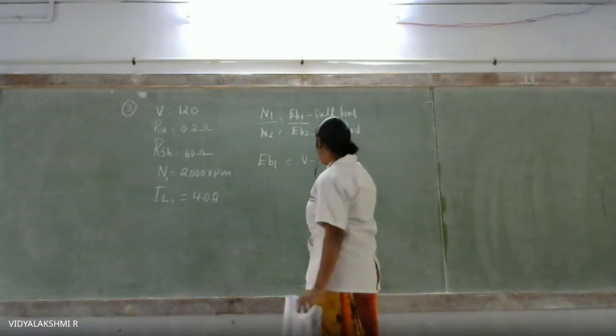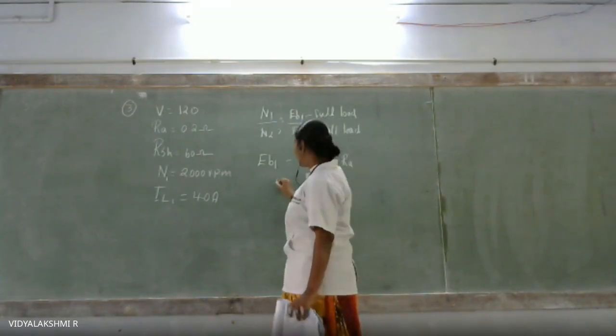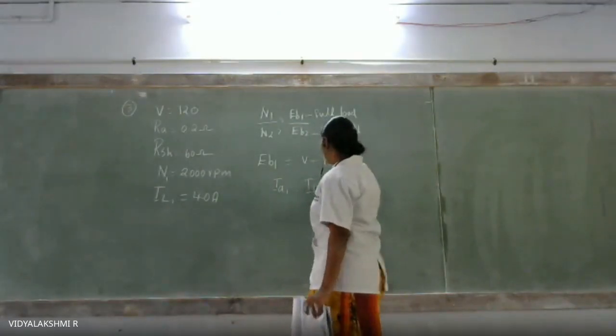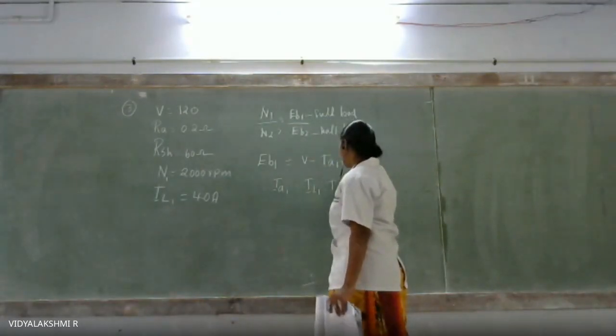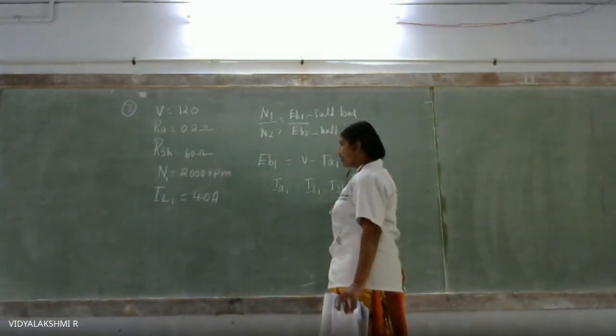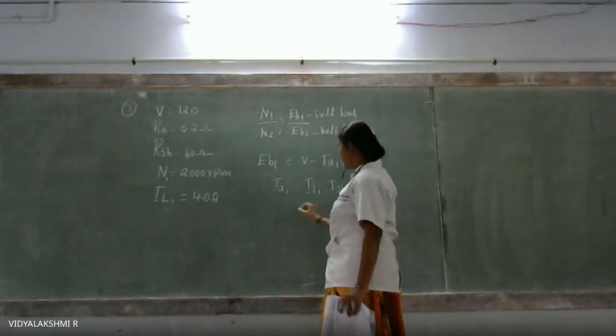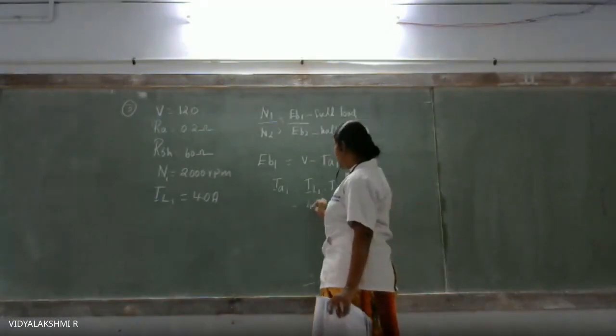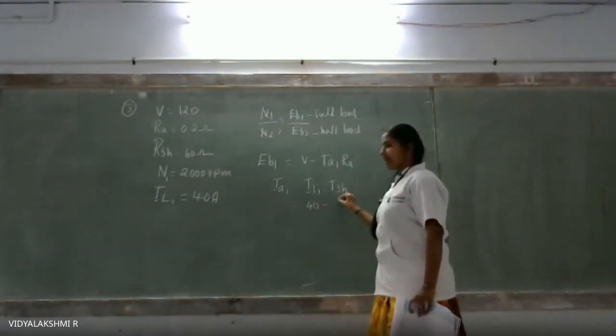Now I'm going to find out the IA value. We know that IA1 is equal to IL1 minus ISH. ISH won't vary, only IL varies. They have given IL1 is equal to 40, and then ISH.